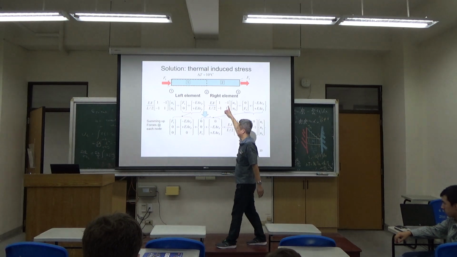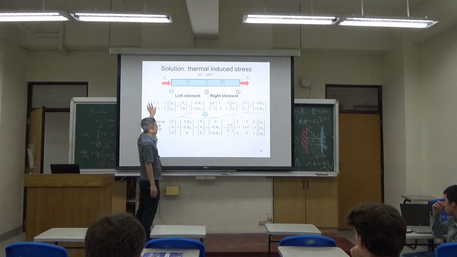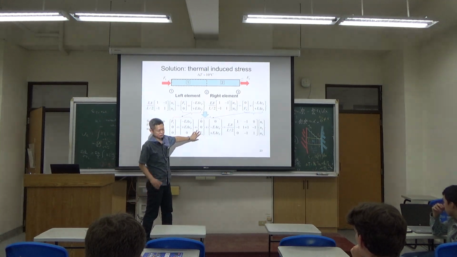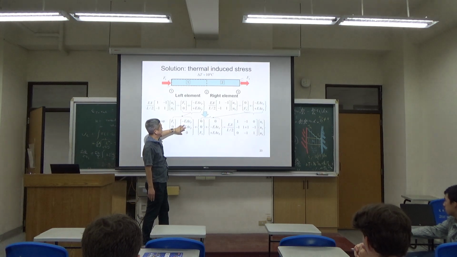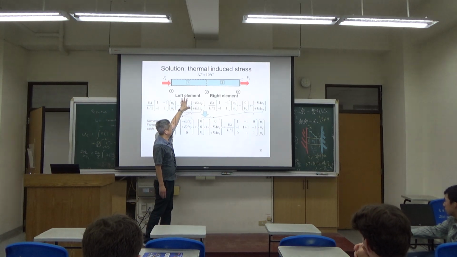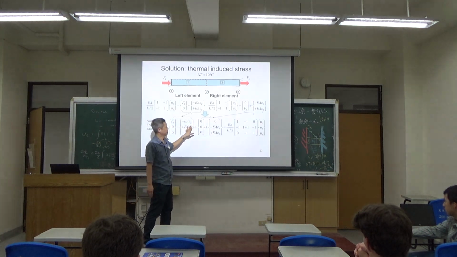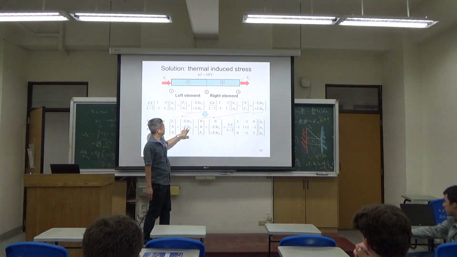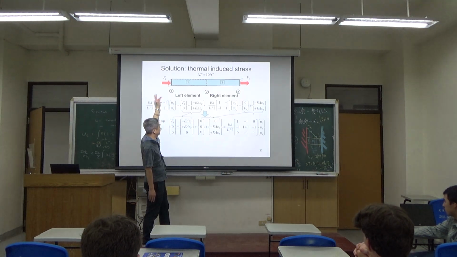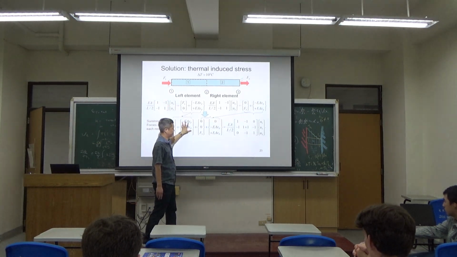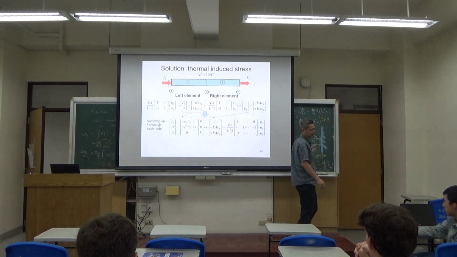By doing the sum of the forces, we have F1 from the left reaction, F3 from the right reaction, the thermally induced force on the left element and the thermally induced force on the right element. When you sum up, you're only left with the tension in the outer bars. So this force sum is equal to the stiffness matrix times displacement vector.